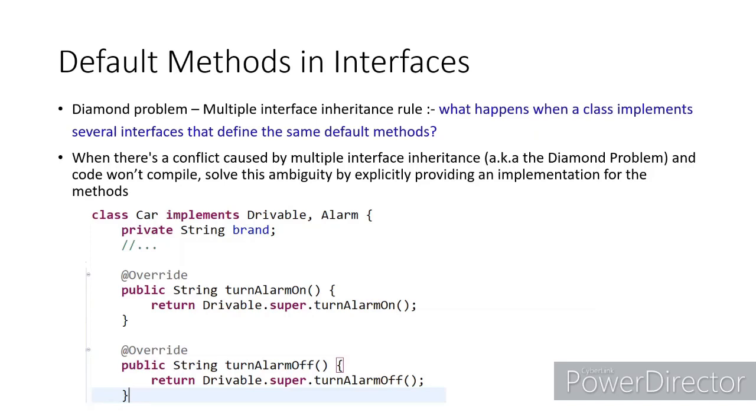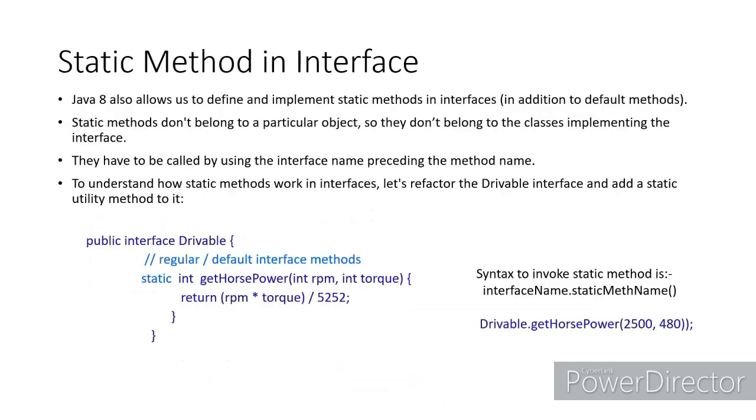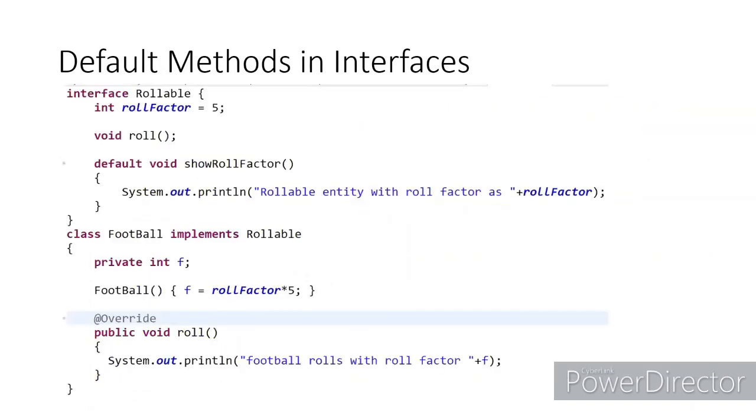In that case, you have to provide an explicit implementation, because it is inheriting two pairs of the same method signature from two base interfaces. Otherwise you don't have to override it. If you are writing an application in which such a situation is not arising, then in your implementation classes you need not bother about overriding your default method. So that's it. That is about the default method.